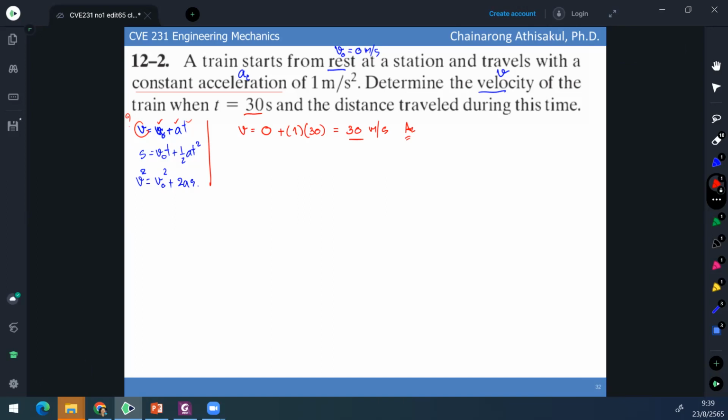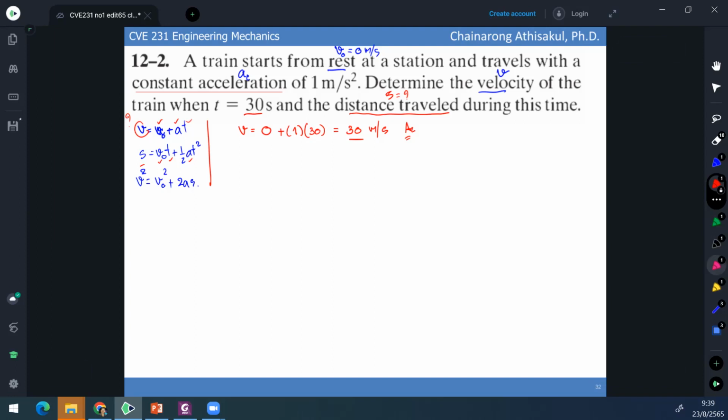And for the second one, we would like to determine the distance, s, during this time. We know v0, we know time, we know a, so we would like to determine s.